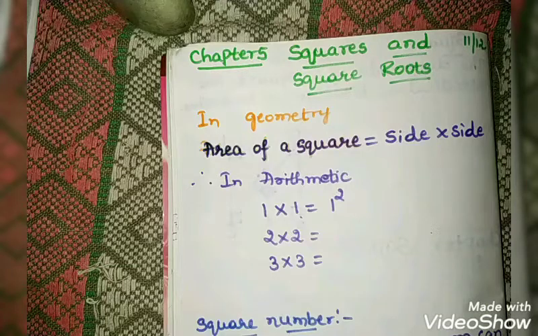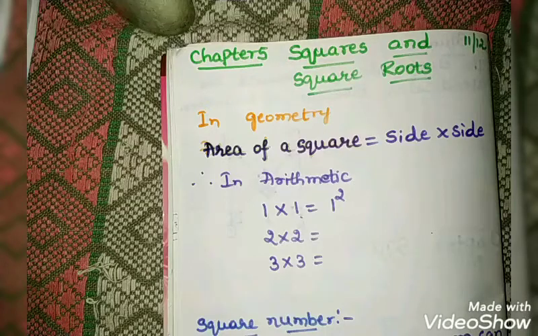As I told you, in geometry, square is a figure, right? In your lower classes, you studied the area of a square. How do we find the area of a square? Area of a square is equal to side into side. When the length is multiplied twice, that is, when the length is multiplied by itself, right?